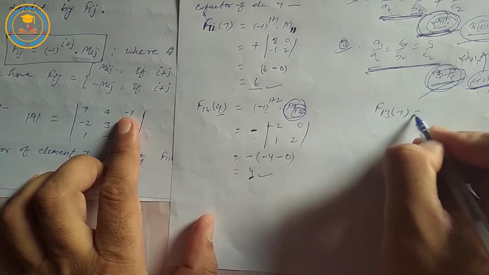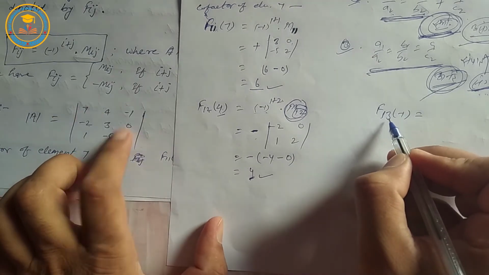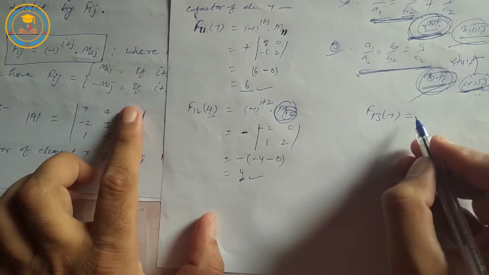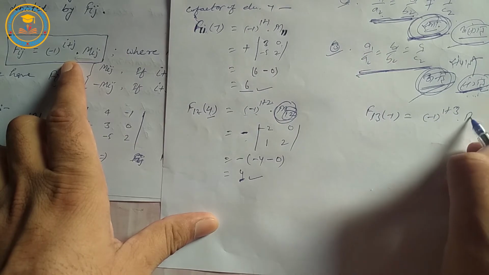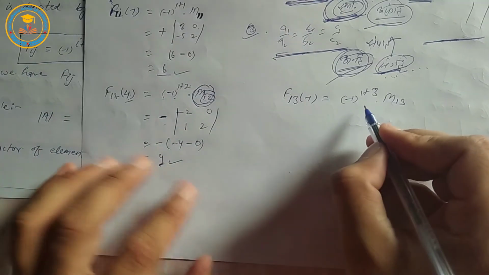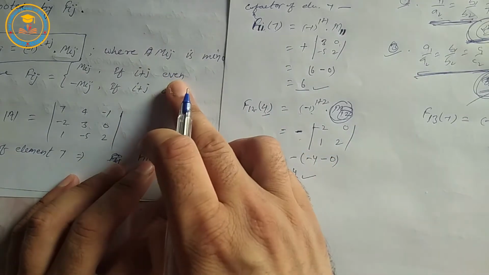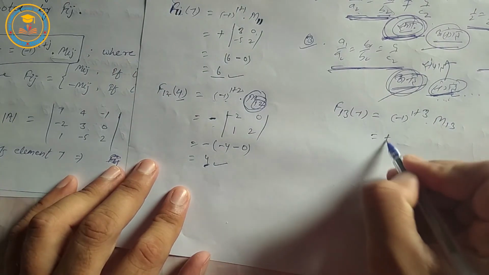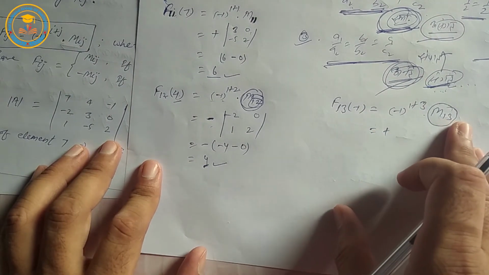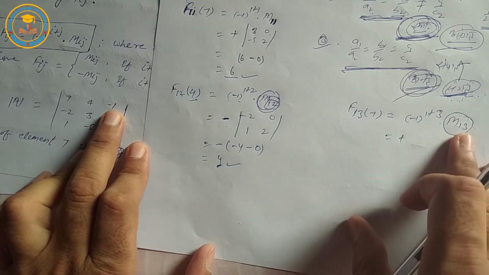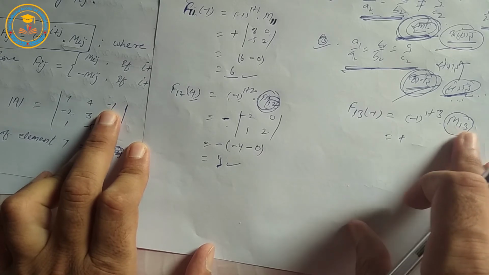F13 over -1, cofactor of element -1, first row third column. The formula is (-1) to the power 1 plus 3 times M13. 1 plus 3 is 4, an even number, it means plus. M13 is the minor of element -1, at position 13, first row third column.